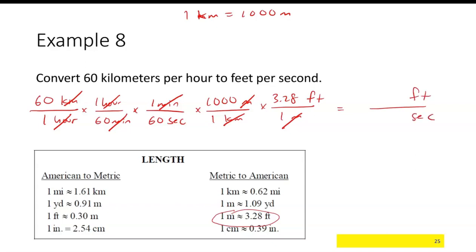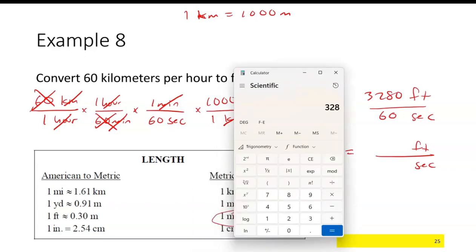So at this point, all I need to do is the computations. Also notice I have 60 on top, 60 on the bottom. You can cross those out. So we're basically doing 1,000 times 3.28, so that's 3,280 divided by 60. So 3,280 divided by 60 is about 54.7.